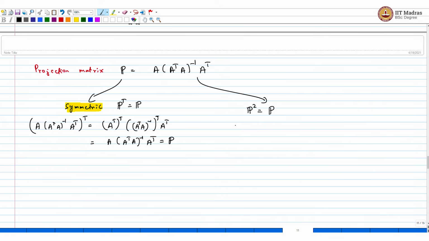You just do A into A transpose A inverse A transpose, again A into A transpose A inverse A transpose, and you will just observe that this is nothing but A into A transpose A inverse A transpose, which is the same as P. So P square equals P.